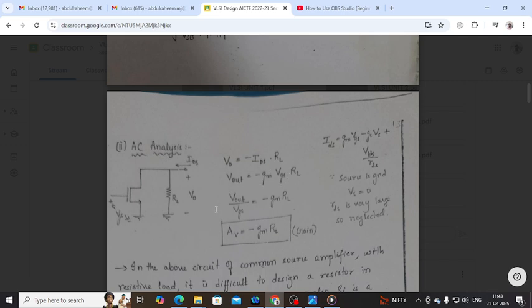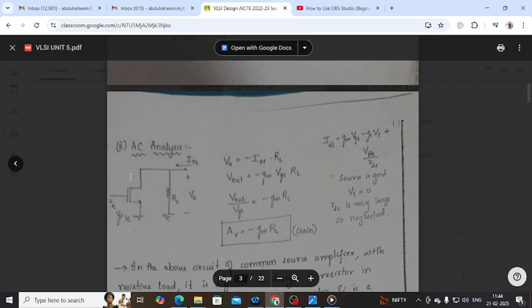So what is gain? Output voltage by input voltage. V out by VGS equals minus GM RL. So the gain of the common source amplifier is AV equal to minus GM into RL.